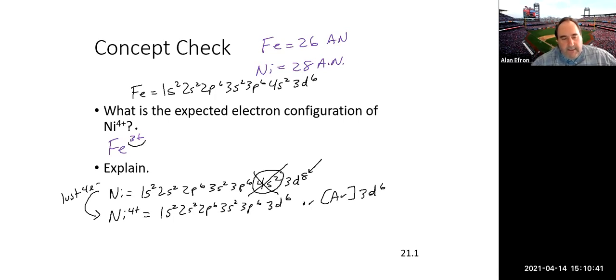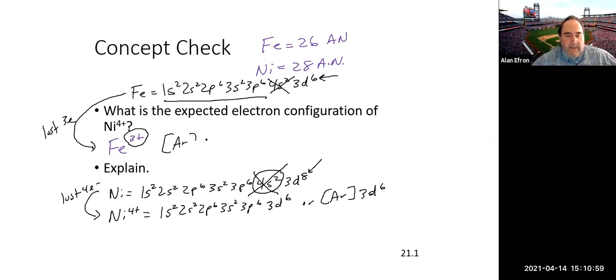The +3 indicates as it went from there to there, we lost 3 electrons. That means we take our s electrons out first because it's a transition metal. We still need 1 more electron to come out. Again, this first part here is argon, and we would be left with 3d5 at that point.